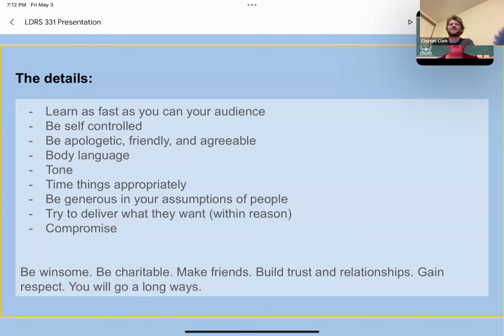Also, be generous in your assumptions of people. I think a lot of the times we immediately tend to just assume that everyone had malicious intent towards us and they just were out to get us. And what that creates is, one, you are angry at them when maybe you really shouldn't be angry at them because you think they were just out to get you. And then it's hard to control your emotions.